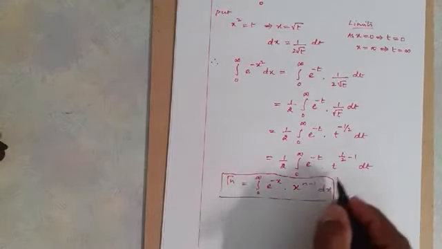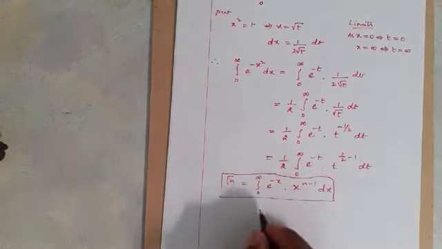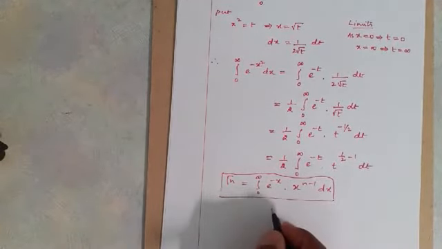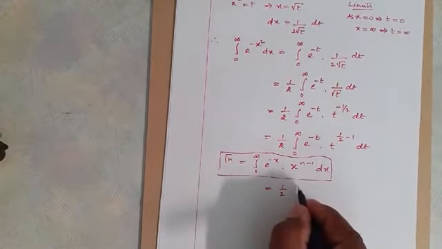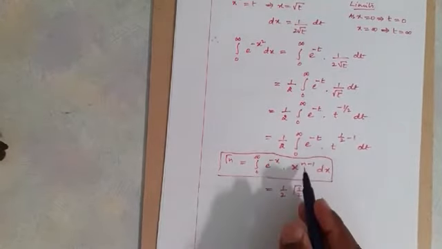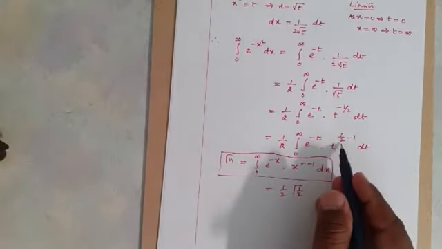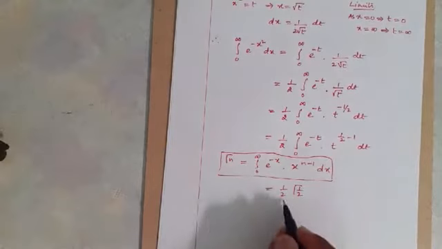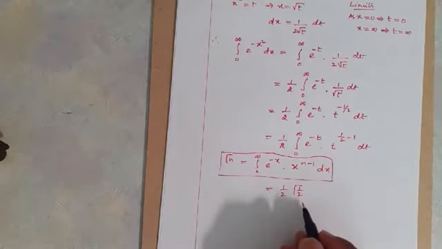So when you compare this, we get here 1 upon 2 into gamma 1 by 2, because here n is nothing but 1 by 2. So we get half gamma 1 by 2.